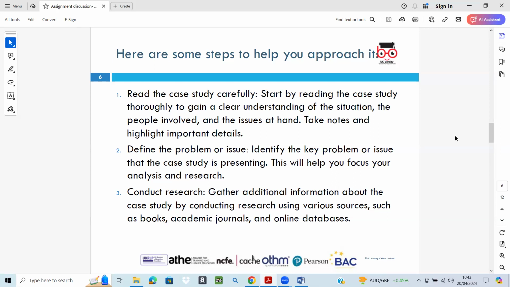We always look that it flows logically, it's free from errors, and it includes all necessary citations. We need to remember a well-rounded case study not only addresses the problem effectively but also provides a clear actionable way forward. Any questions up till now?